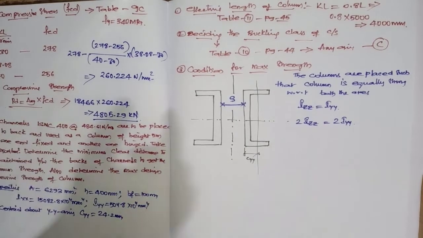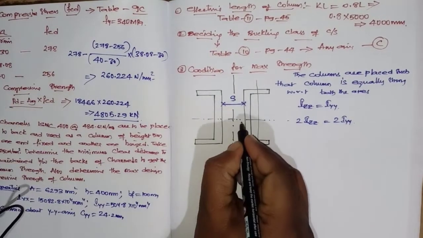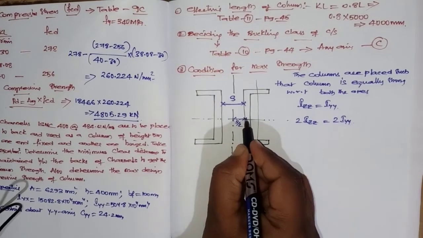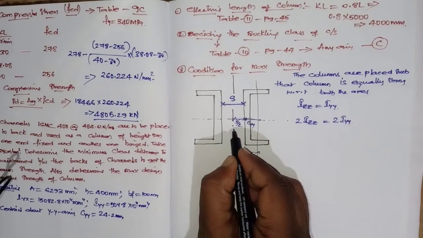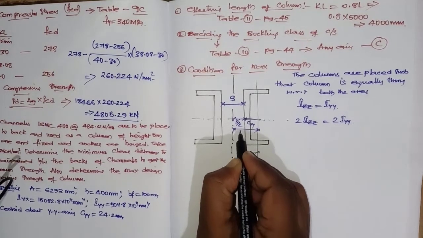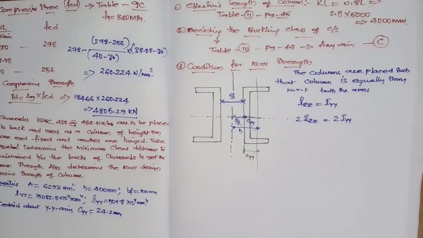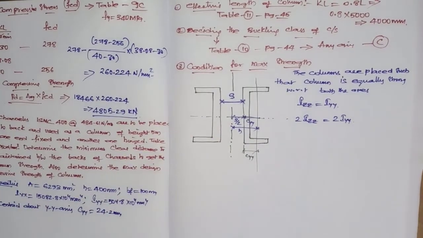Now, if I consider the clear distance between these, what will be this distance? Half of it. And from here to here it is CYY. Let me consider this as H. Now, moment of inertia about the x-axis I can write directly.